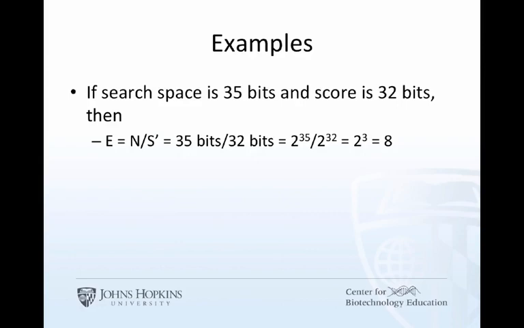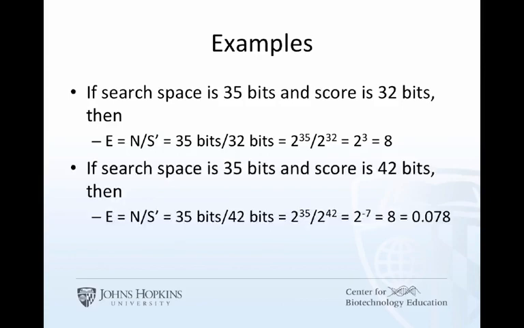For example, with a search space that has more bits than the score, search space is 35 bits, score is 32 bits. 35 bits over 32 bits is 2 to the 35th divided by 2 to the 32nd. Exponents are subtracted on division. Since 35 minus 32 is 3, that equals 2 to the 3rd, or 8.